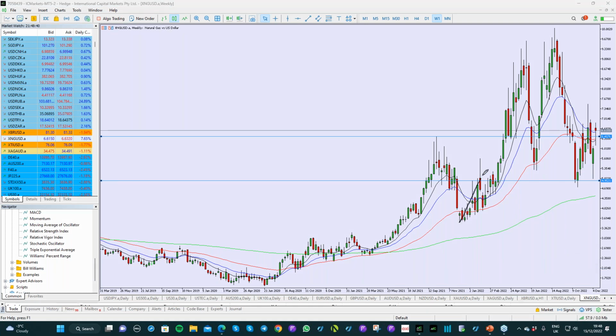So we can see this long move to the upside, higher low. It is a higher high, but only just. It's certainly not a particularly strong continuation there of the trend, and then followed by a lower low, followed by a definite lower high here.